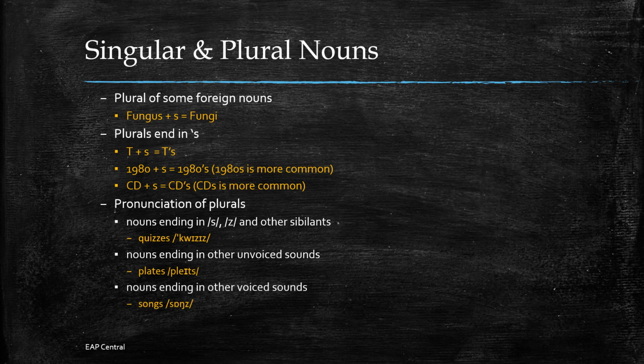And finally, after vowels and all voiced consonants except z, zh, and j, the plural ending s or es is pronounced z, like days, clothes, legs, or here songs.